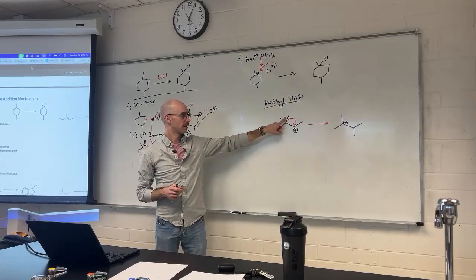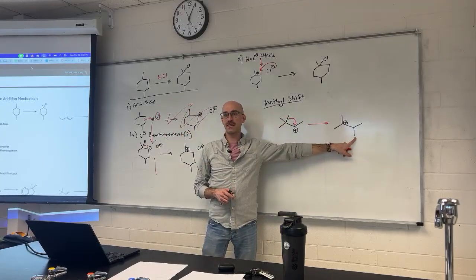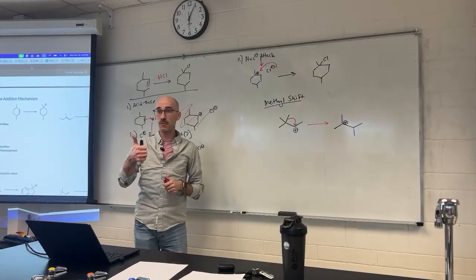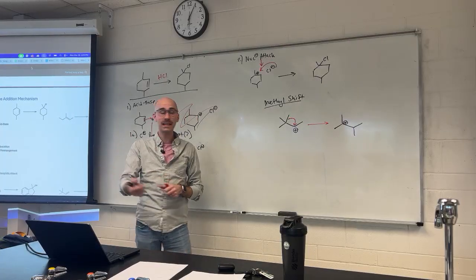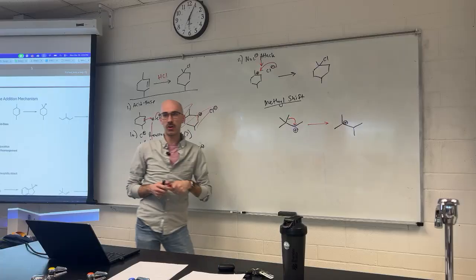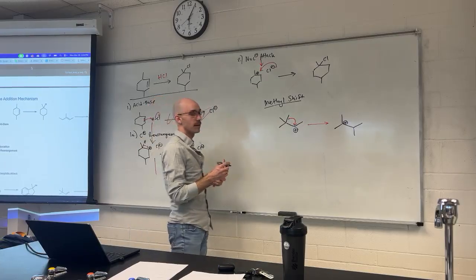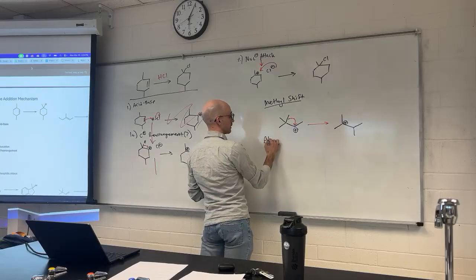A methyl shift relocates an entire methyl group. It takes a lot more energy, so it happens only on those quaternary carbons when there is no hydrogen available to shift.